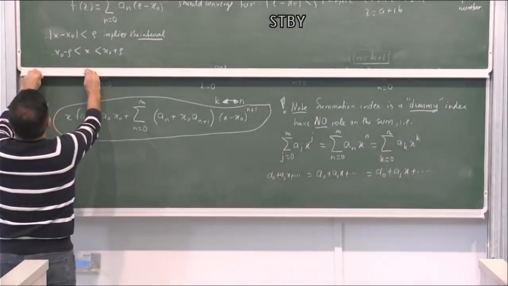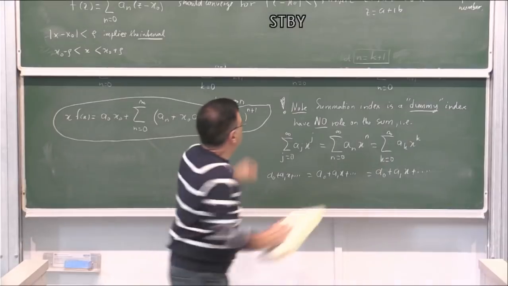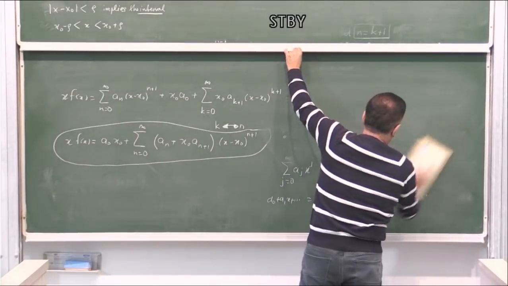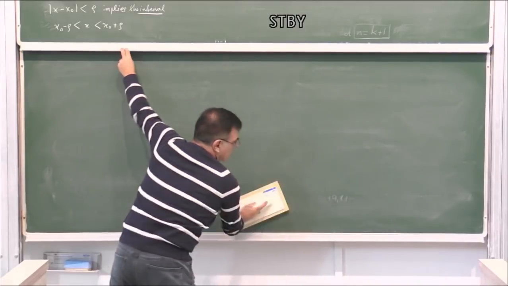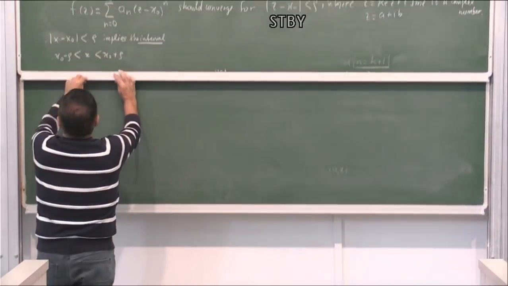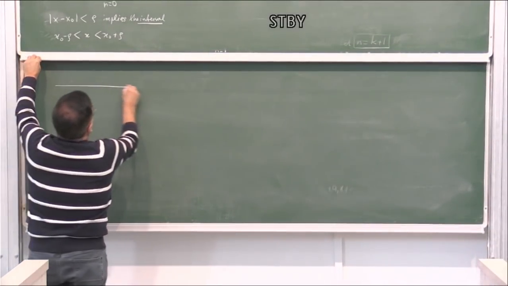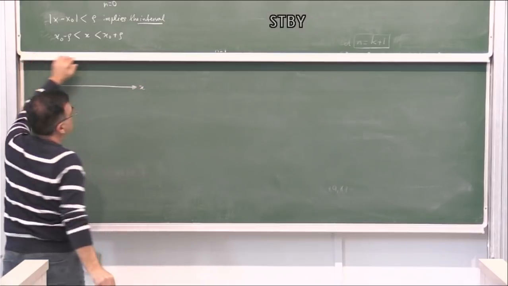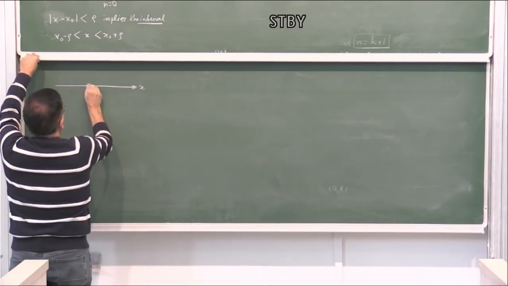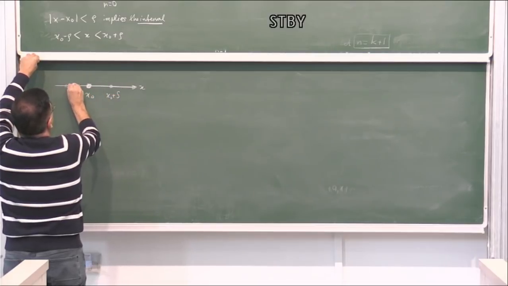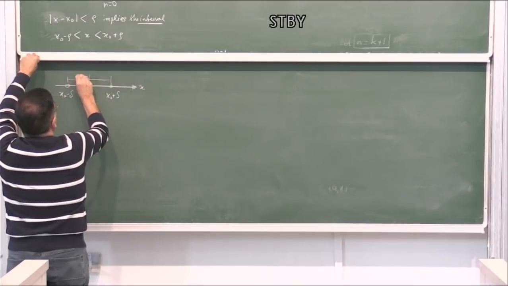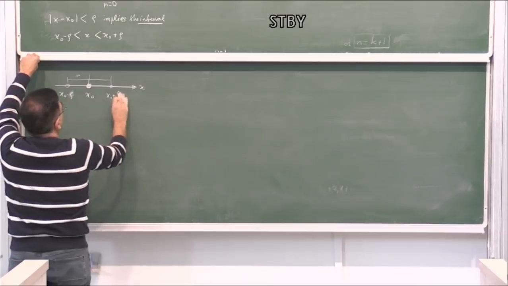Geometrically, as you remember, this means on the x-axis, good? Here is the center. Here is x0 plus rho. Here is x0 minus rho, sorry.